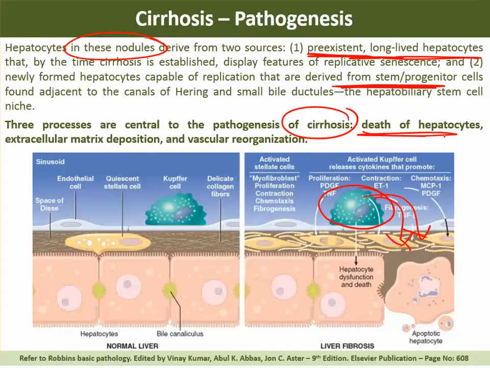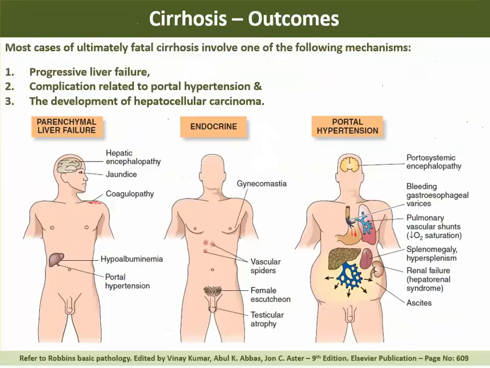First there is cell death of hepatocytes, then extracellular matrix deposition, that is collagen, nothing but collagen, and vascular reorganization. These regenerated nodules also receive blood supply, so that's why it is called vascular reorganization. These are the three pathogenetic features seen in cirrhosis.